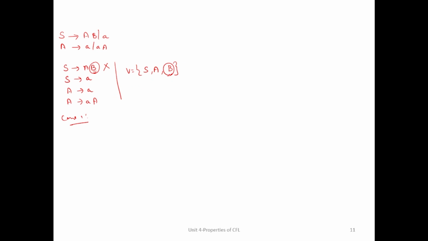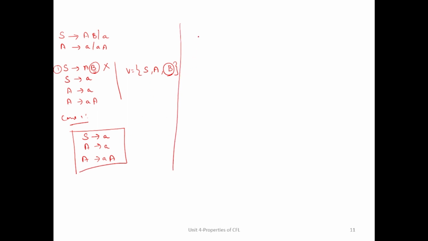Here we identified that B is a non-terminal and B does not have a production, so we should eliminate the first production. If you remove the first production, the remaining notations are these two. This is case 1.